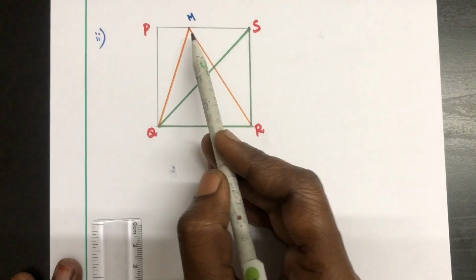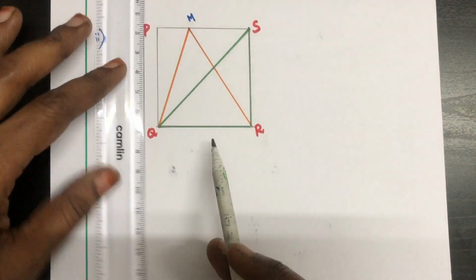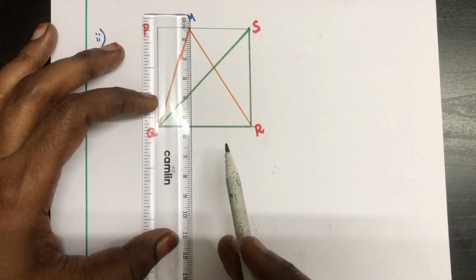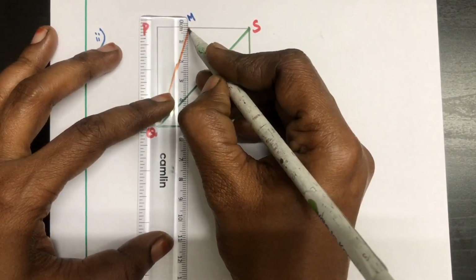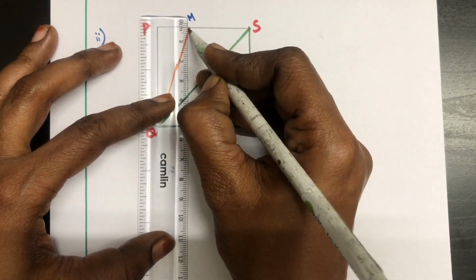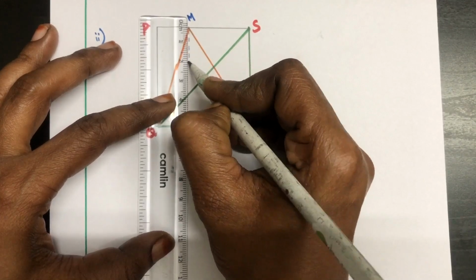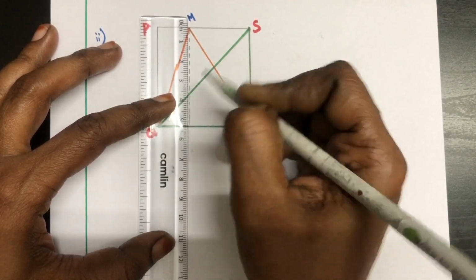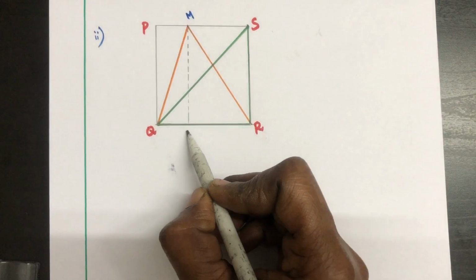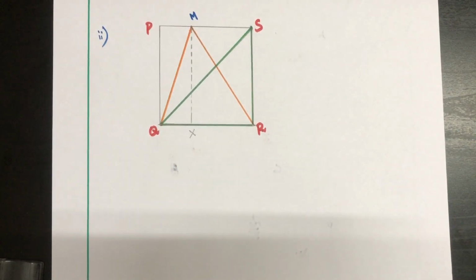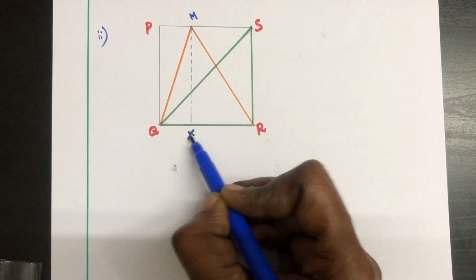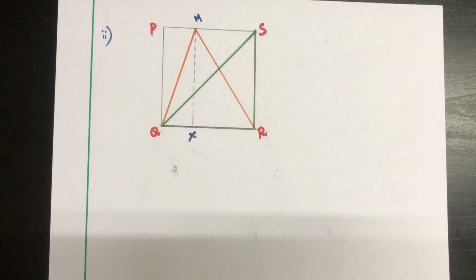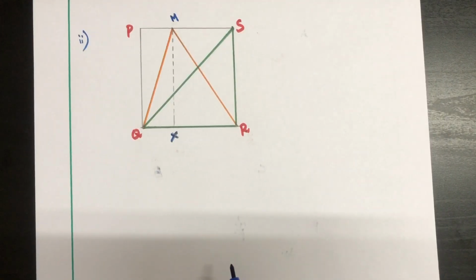From M, I am going to draw a perpendicular. Perpendicular means a direct vertical line from M to the base. We will name this MX. Area means equal area, they are telling us the triangles have equal area.